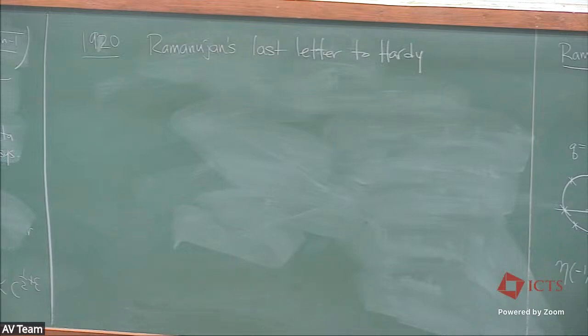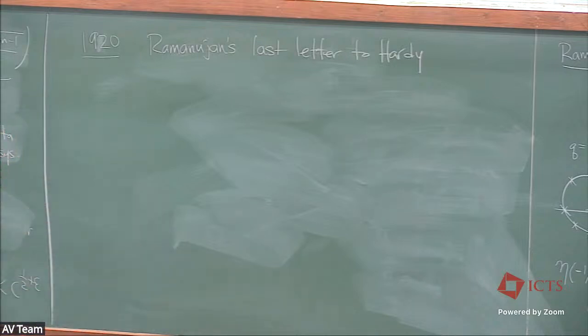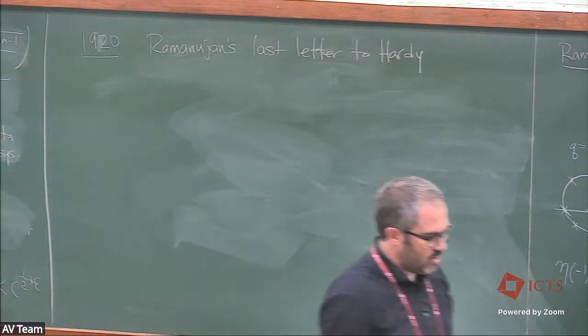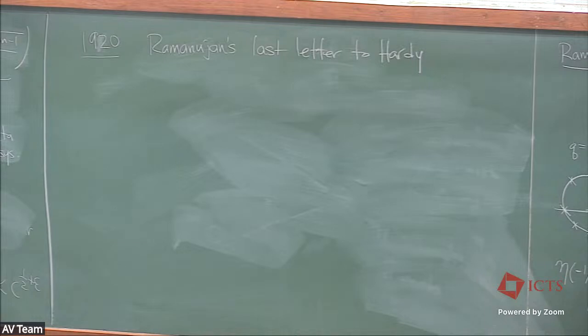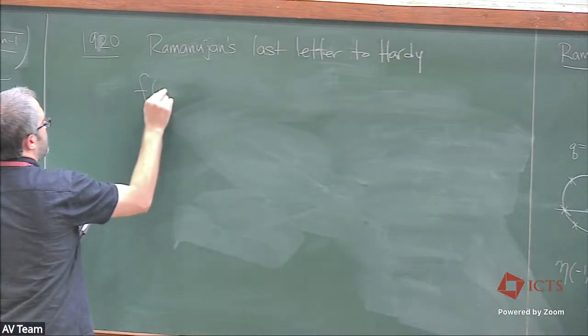And it has a little bit of him talking about these mysterious things, which he calls Mock theta functions, and maybe sort of a definition, and then just 17 examples, and a couple of formulas. And it's really an enigma. So let me tell you about one of the first functions that shows up. It's called f of q.